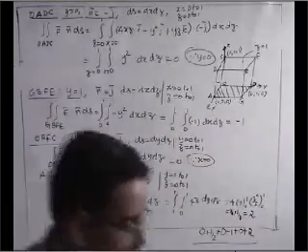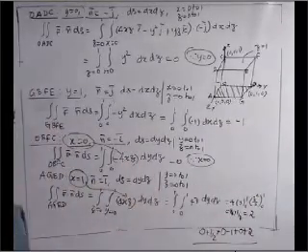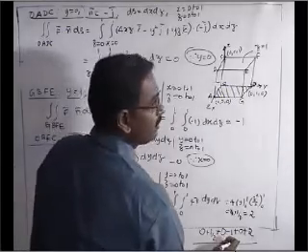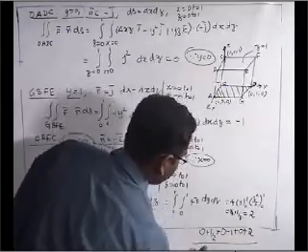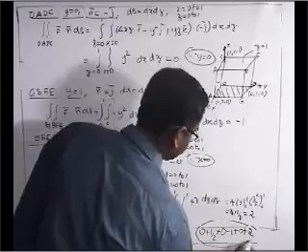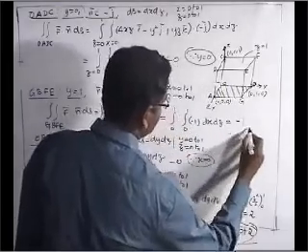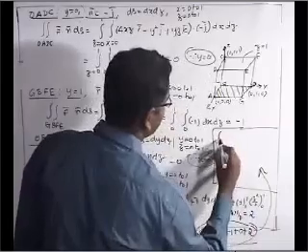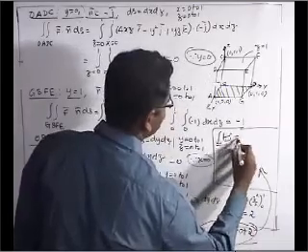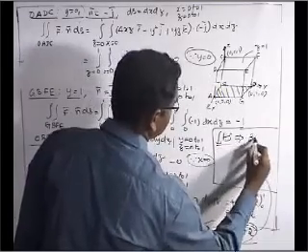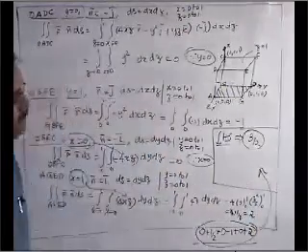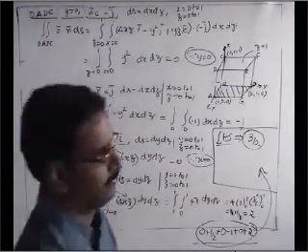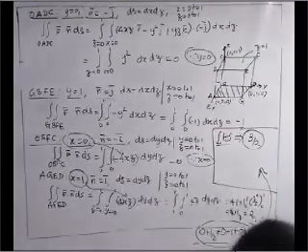Then if you add all these things, 0, 0, 0, minus 1, 0 and 2, the answer is sum of all these integrals. That is, the left hand side of the Gauss Divergence Theorem is equal to 3 by 2. That's it. Any doubts, any difficulties?